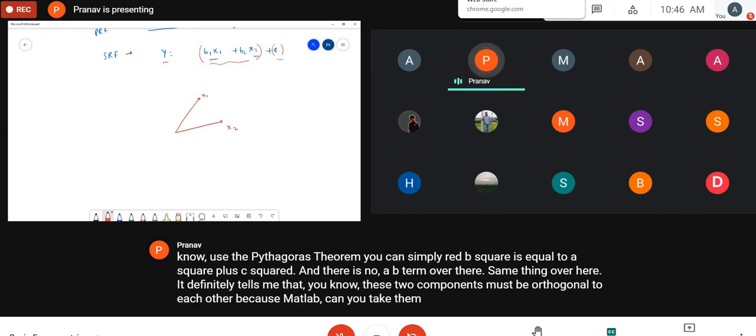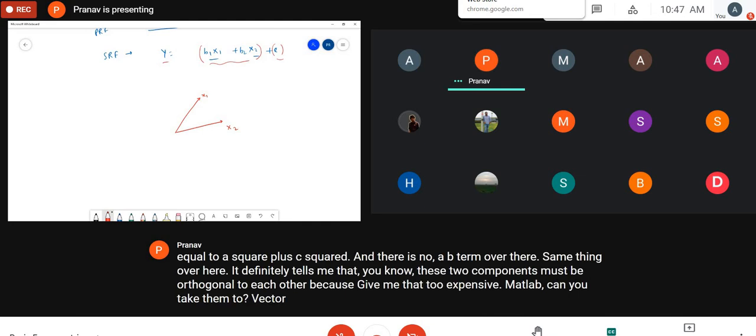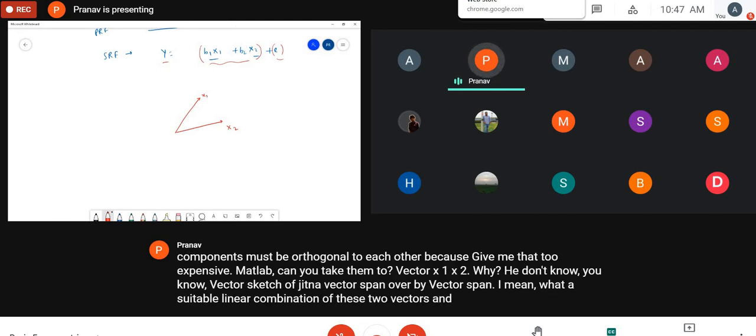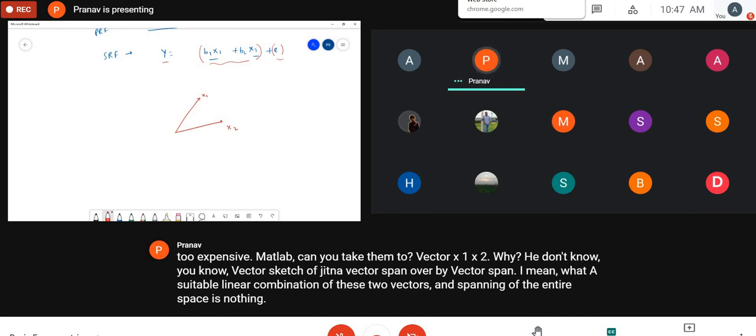तो ये मेरा दो एक्सप्लेनेटरी वेक्टर है x1 x2. अब अगर मेरा y इन्हीं दोनों वेक्टर्स के वेक्टर स्पैन में आए, by vector span I mean a suitable linear combination of these two vectors, and spanning of the entire space is nothing but called your vector span.